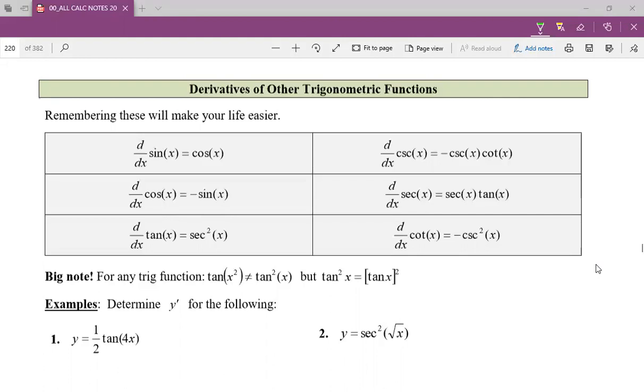Quotient rule, for instance, with tangent. But for now, all I'm going to throw at you is that in your workbook you have all 6 of these listed here. These are your derivatives of your primary and reciprocal trig functions, and we will use these quite often, so you'll need to know these.